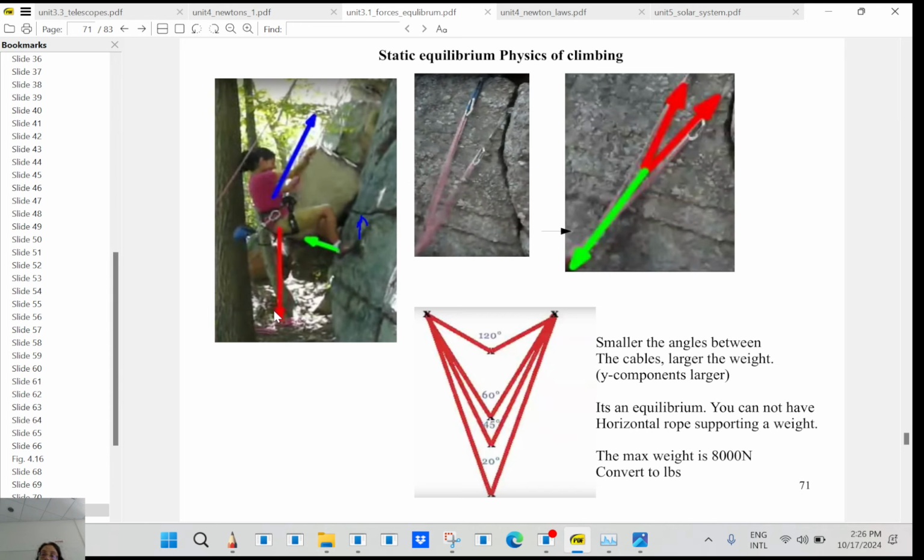So you see those special ropes for climbing, they need to support a lot of weight. Which one will make more sense? Do you think this one will have more load or this one? The one with 20 degrees or 120? 20, right? So 20 means it's going to support more load. Why is that?